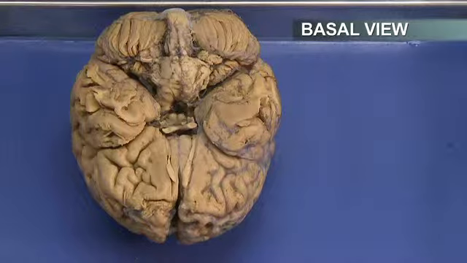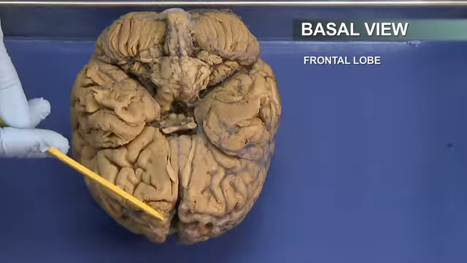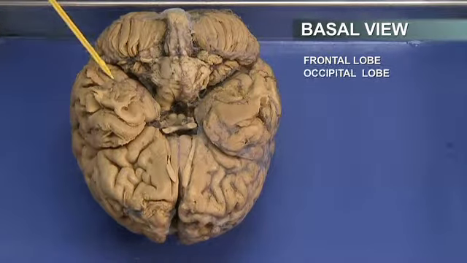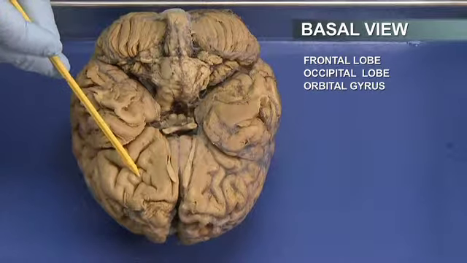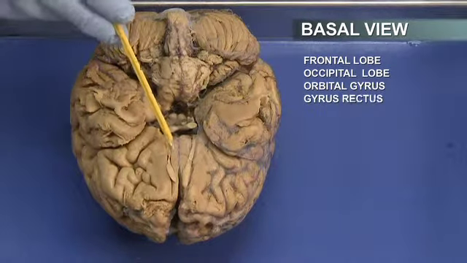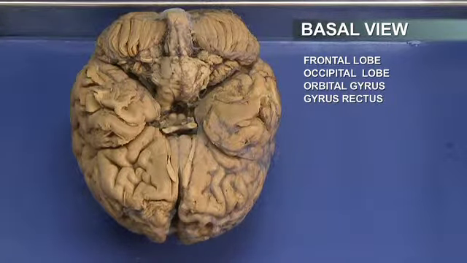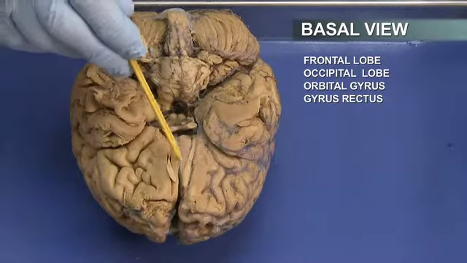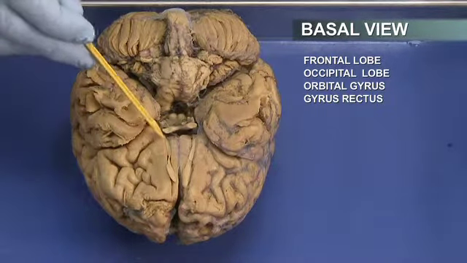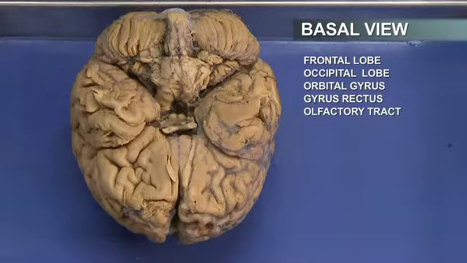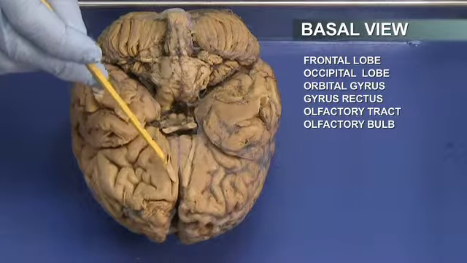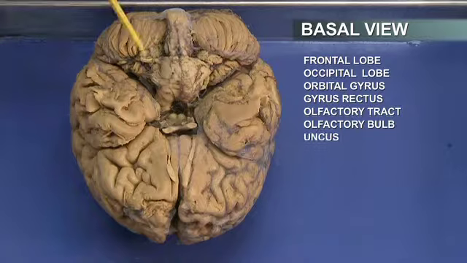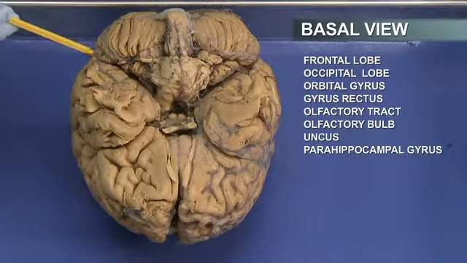This is the basal view of the brain. In this view, we will point to several areas. This is frontal lobe, occipital lobe, orbital gyrus, gyrus rectus, that is toward the midline, olfactory tract, olfactory bulb, uncus, rostral part of the parahippocampal gyrus.